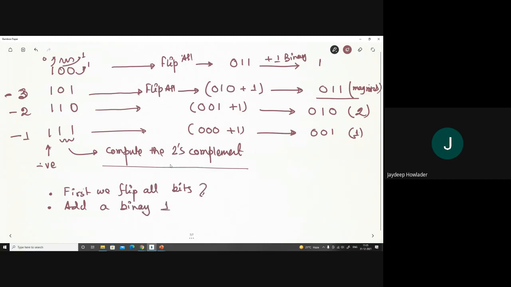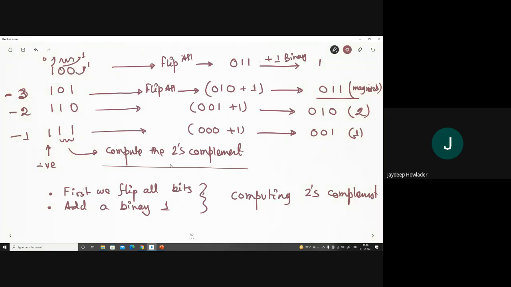This is called computing the 2's complement. So what is the implication? It says that if the most significant bit is 1, then we compute the 2's complement of the number, and then we get a magnitude. The magnitude determines the value, and the most significant position determines the sign.